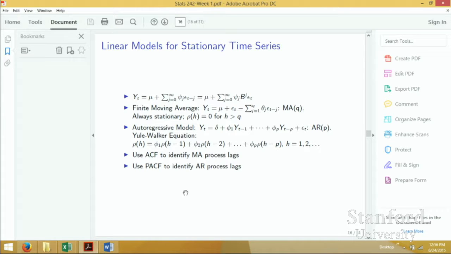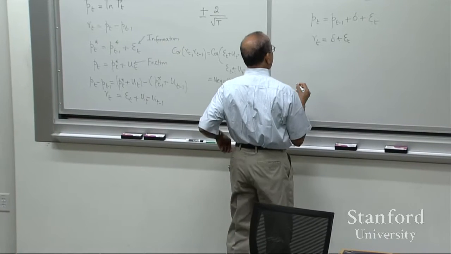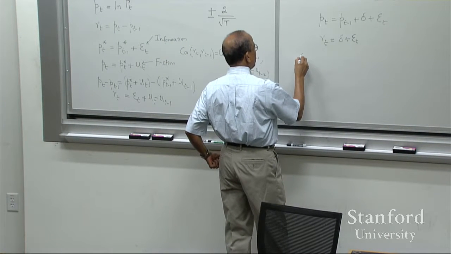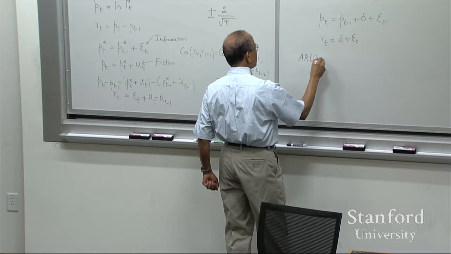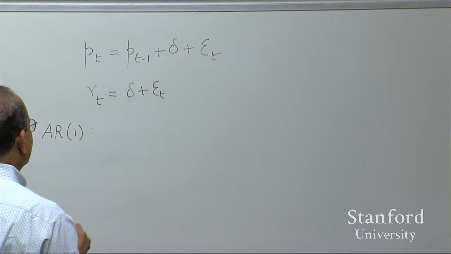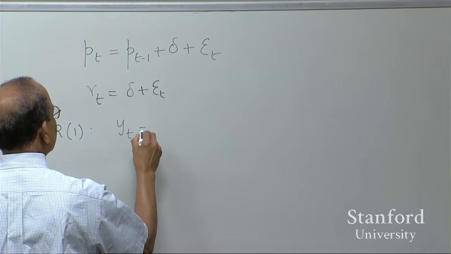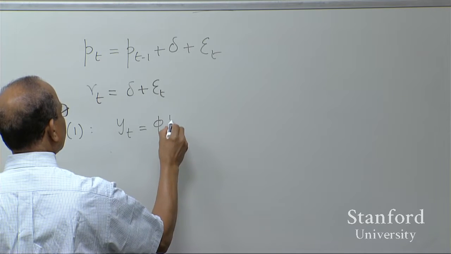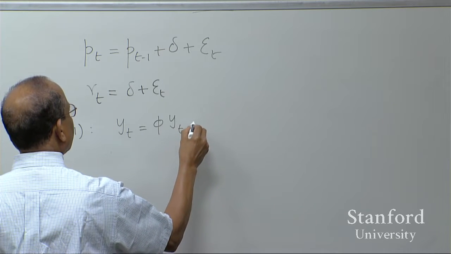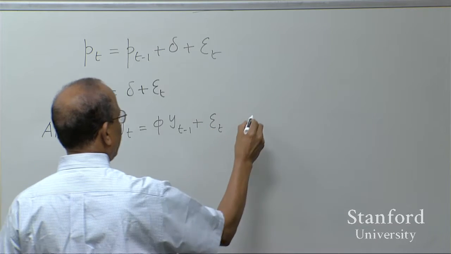Okay. The first is the AR model. Just to illustrate this, I'm going to take an AR1 model, an autoregressive model of order 1. So you could write this model as yt is equal to some constant term. For the time being, I'll ignore that, and put it as yt minus 1 plus epsilon t. So this is the AR1 model.